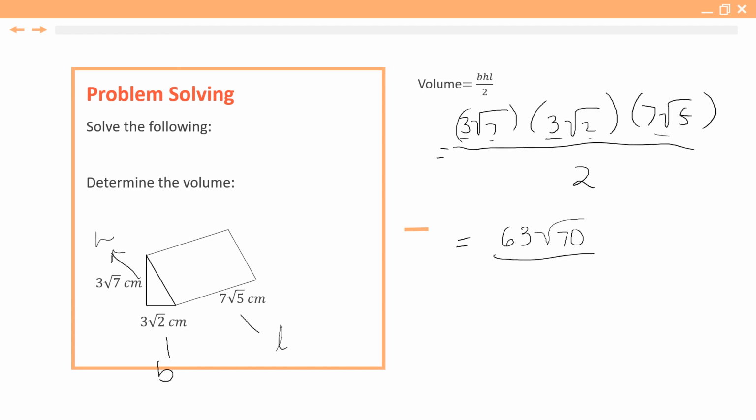All over 2. There is no more lowest term for our answer, so this would be our final answer. Don't forget to put your centimeter.